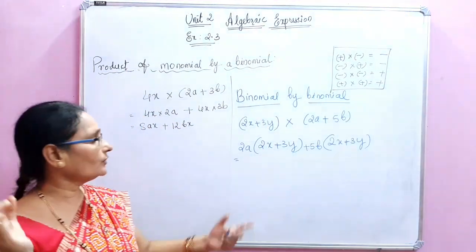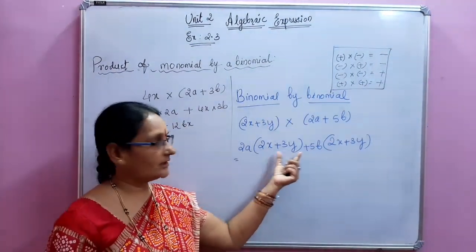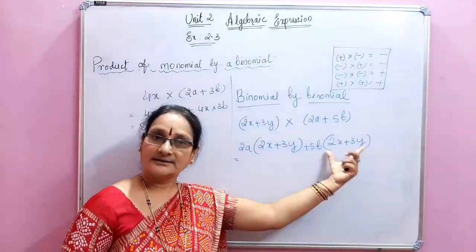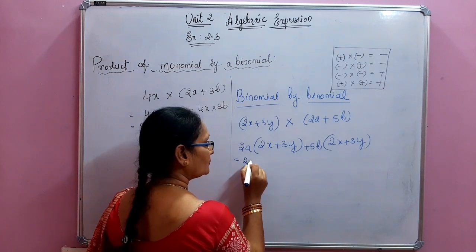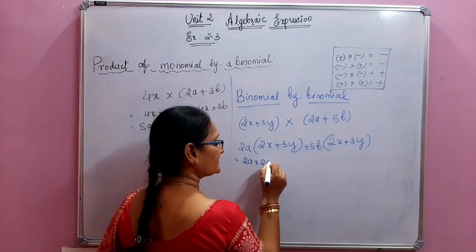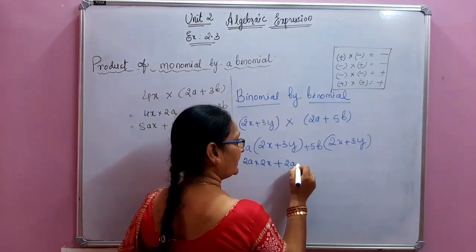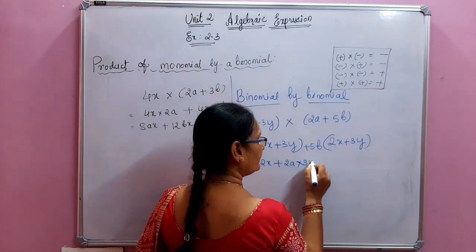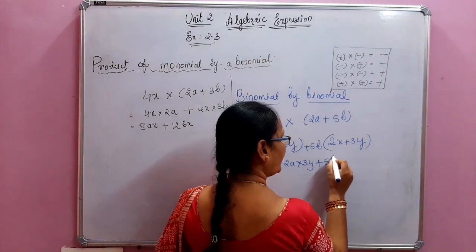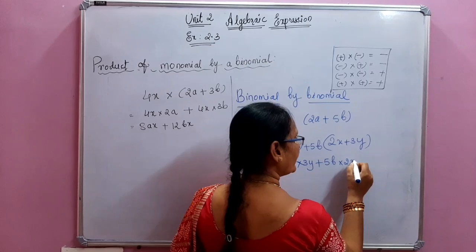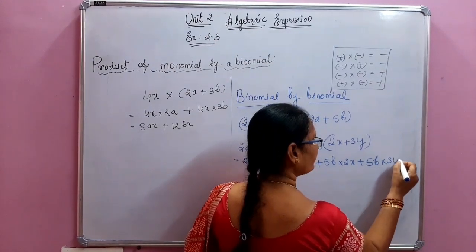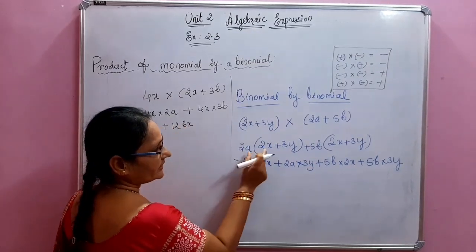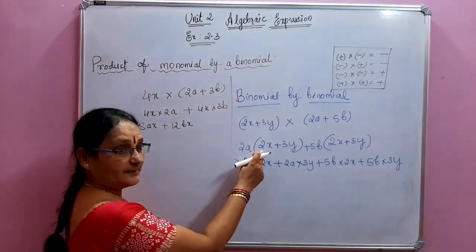Then now you know monomial by binomial. Same method you can follow. 2a into 2x plus 2a into 3y plus 5b into 2x plus 5b into 3y. See here, bracket means multiplication.